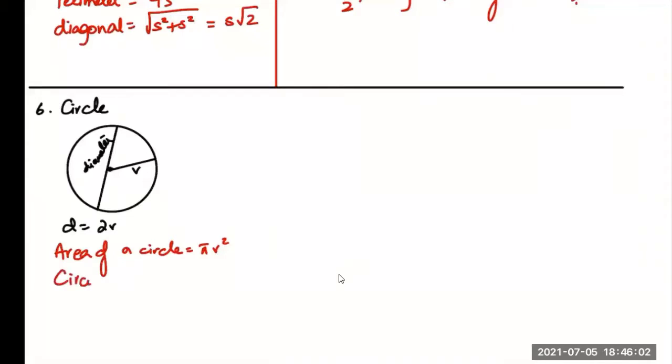Okay, circumference of a circle. Circumference is the boundary. It is 2 pi r or pi d, pi times d.